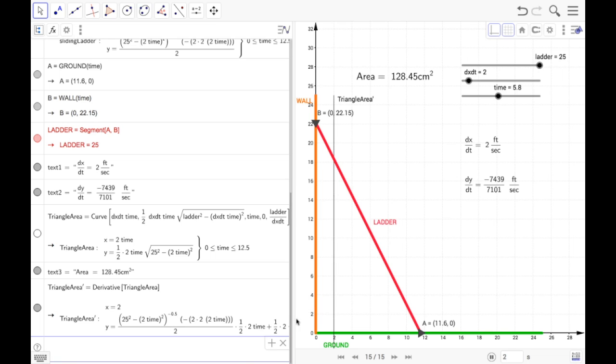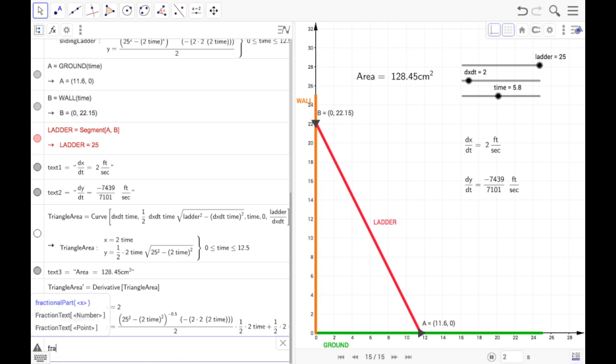Here, x corresponds to the distance at which the bottom of the ladder is moving, and this y variable corresponds to the rate at which the area is changing. We have a vertical line here. We don't need that for the model, so let's turn that off. The next thing I want to do is create a label so that we can place it on the screen.